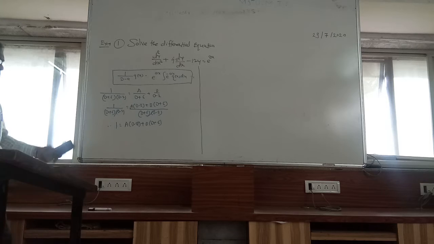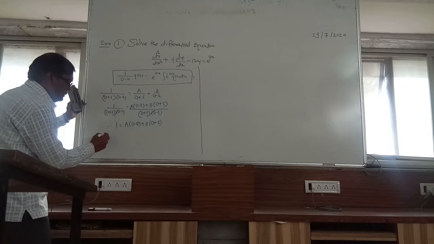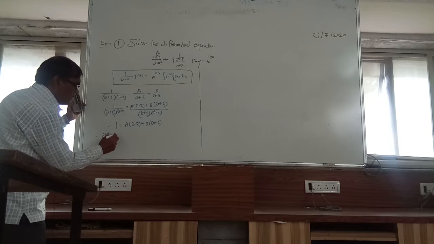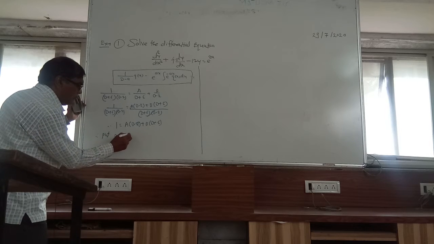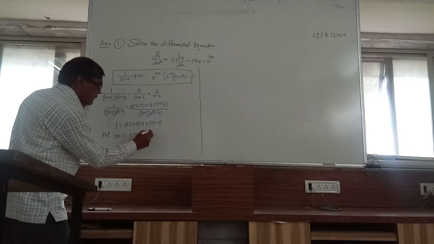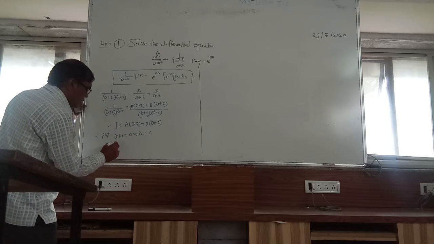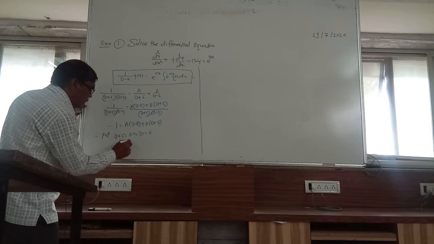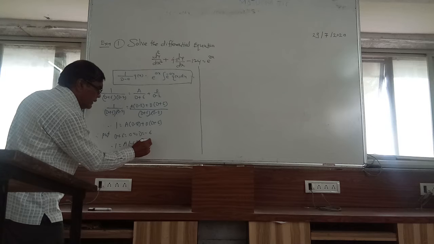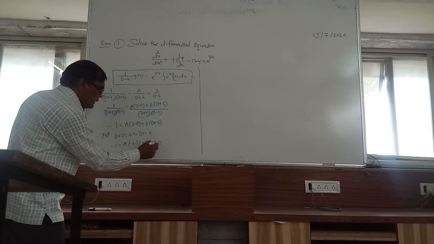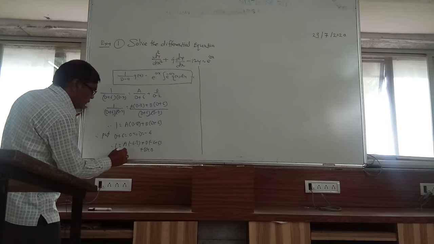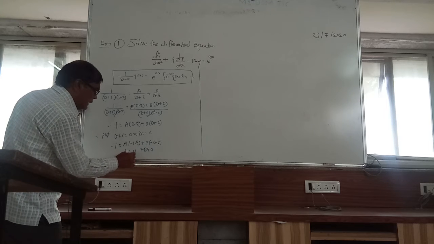So here we put d plus 6 is equal to 0, which implies d is equal to minus 6. Therefore we have 1 is equal to A into minus 6 minus 2 plus B into minus 6 plus 6, that becomes B into 0, and we have A into minus 8 here.